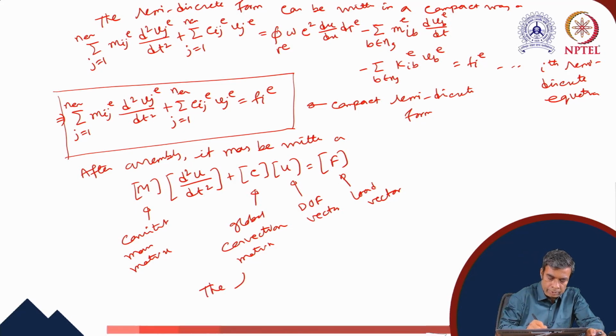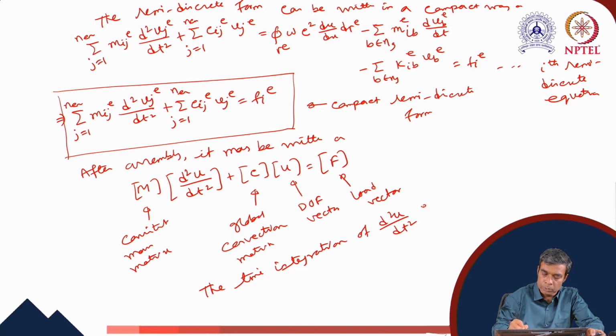The time integration of d2u dt2 can be performed by using Newmark's method.